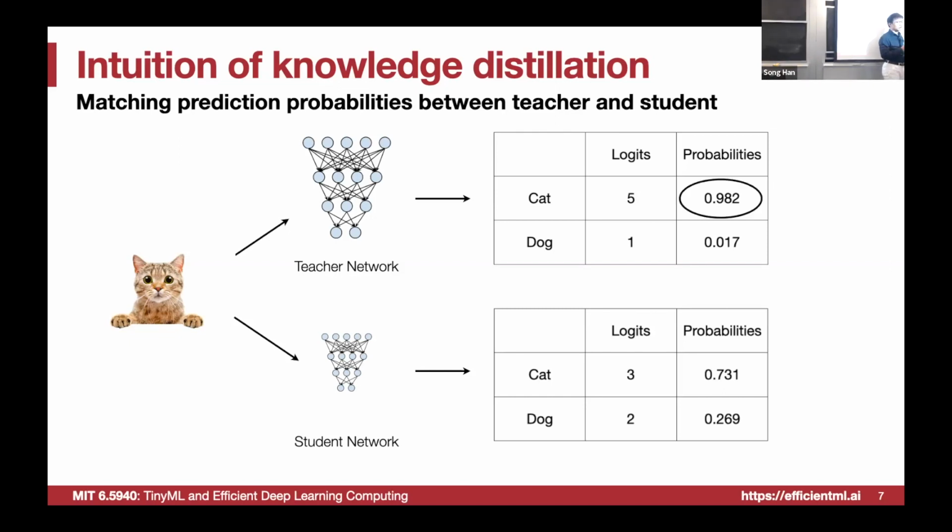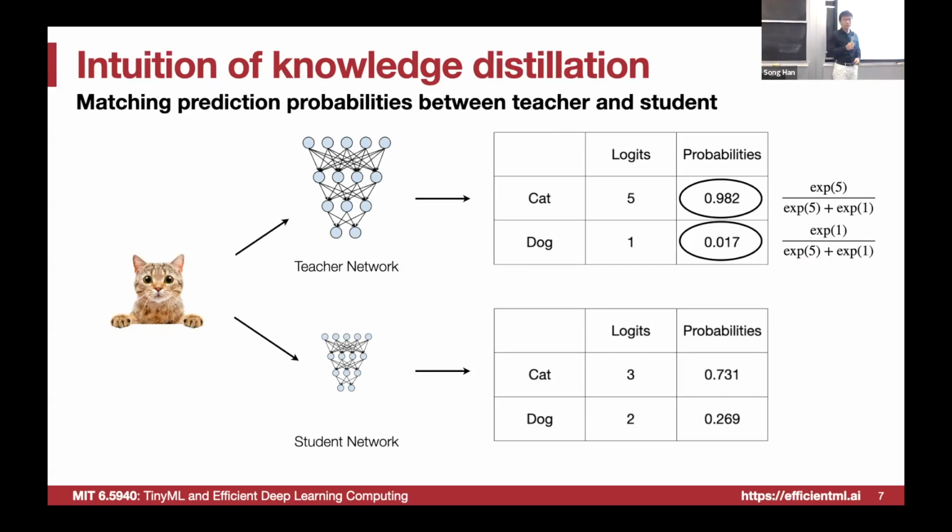And how was that calculated? We are pretty confident here. We have 98.2% probability this is a cat. And it's calculated by e^5 divided by e^5 plus e^1, where the logits are 5 and 1. That's basically what softmax is doing. And similarly, we have the probability for the other class, for the dog.